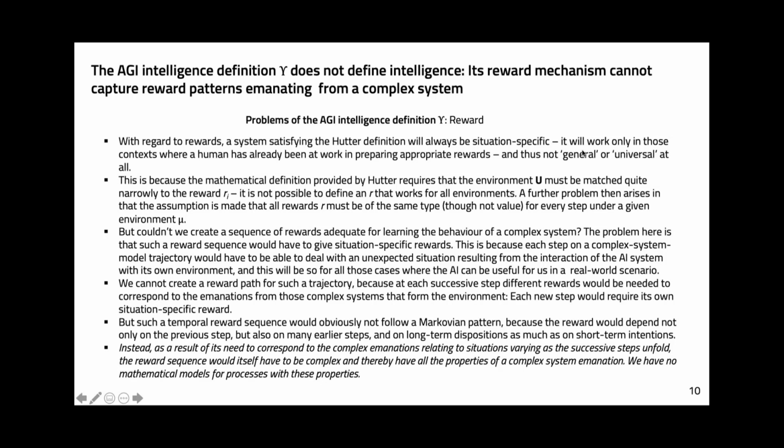The thing is, here the argument is that the reward sequence is extremely complex, and since it is not Markovian, you cannot somehow model this.